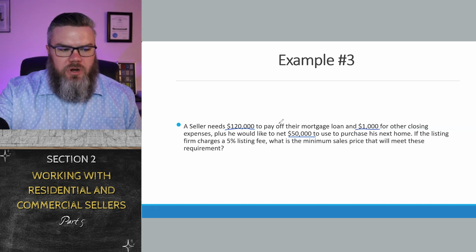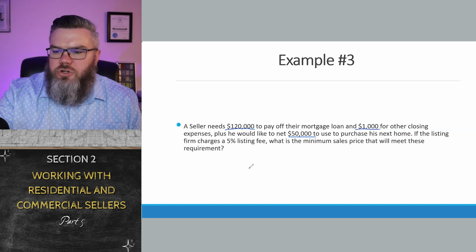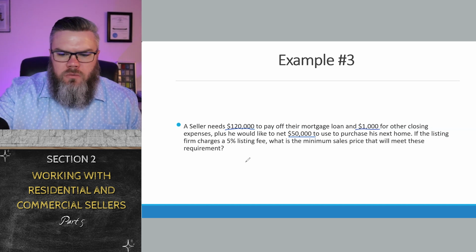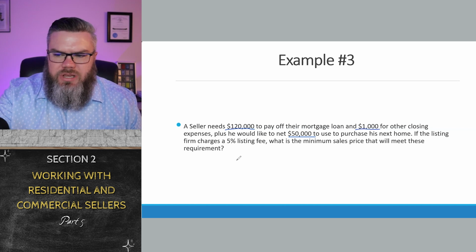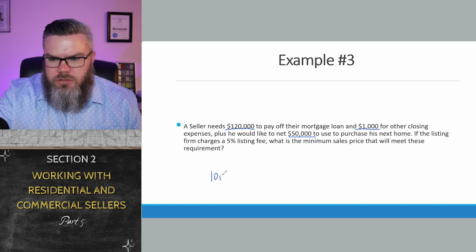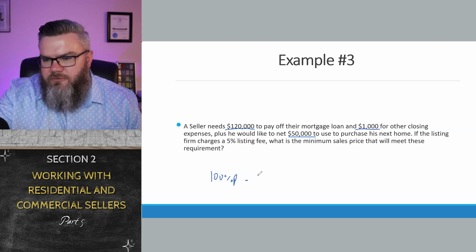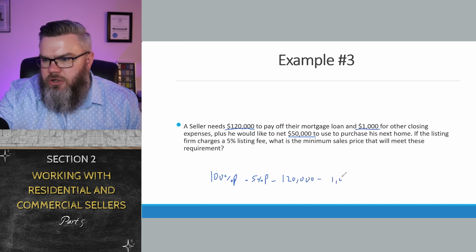So let's talk about this one, make sure we're comfortable. So just like before, and I'll give you the long way of doing it, but then I'll circle back around to the easy way. What we're saying is 100% of the purchase price minus 5% of the purchase price, which was our commission, minus the $120,000 loan payoff, minus the $1,000 in closing costs, needs to net the seller $50,000.